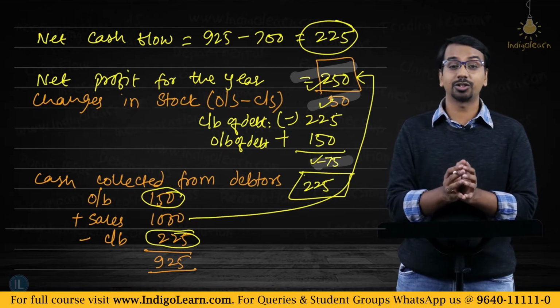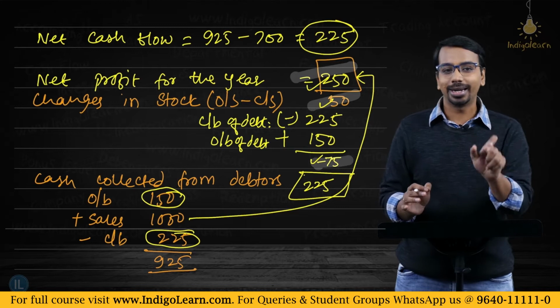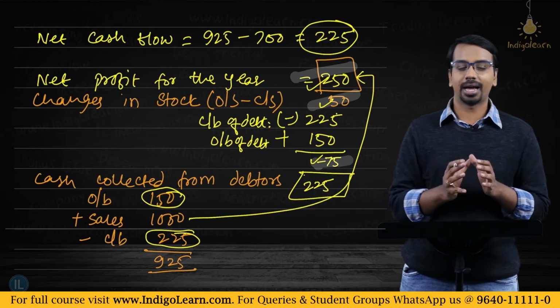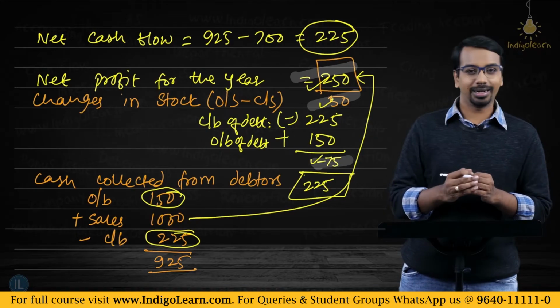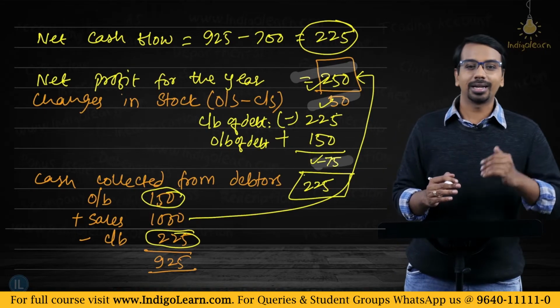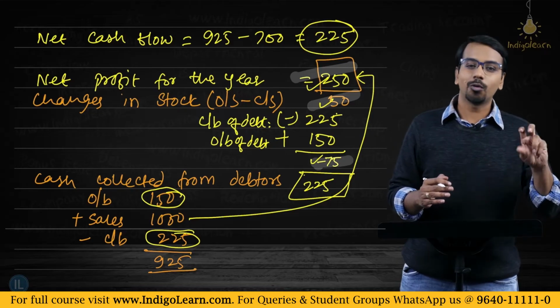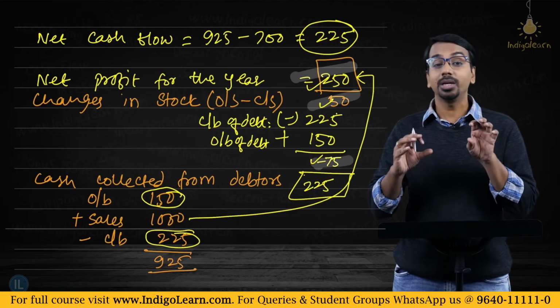What did we do in a nutshell? We know that the 1000 of sales is already included in net profit. So I will not adjust for that, but I will adjust for the amount that has not yet been collected, which is the closing balance, and the amount that has already been collected, that is the opening balance of 150. So 150 and 225 is what needs to be adjusted.